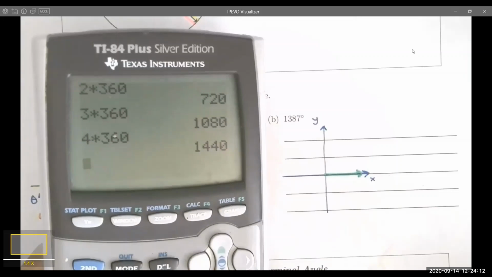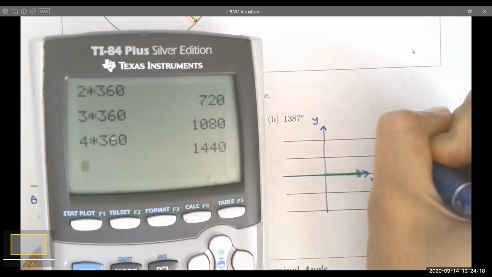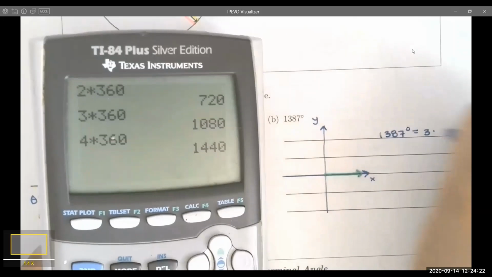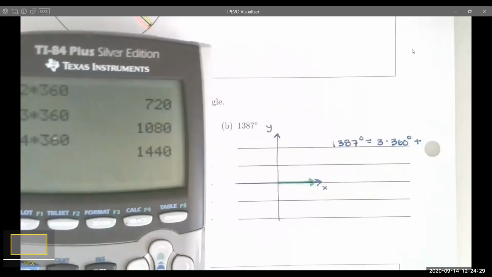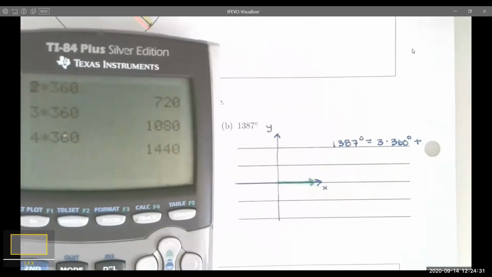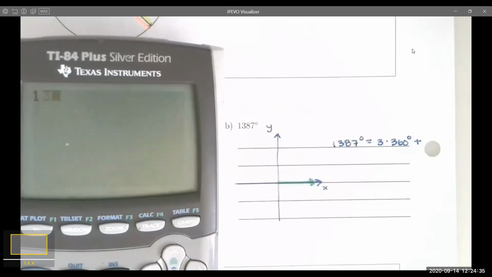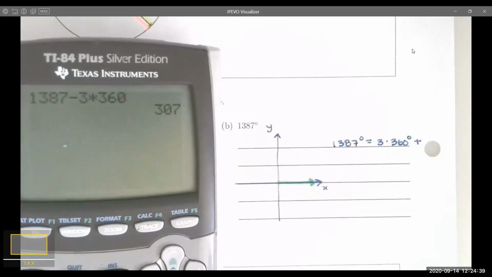Okay, so let me just write that on the side as side work. So 1387 is going to be 3 full cycles, that's 3 times 360, plus, let's see how many more we would be missing. So 1387 minus 3 times 360. So subtract away the 3 cycles.